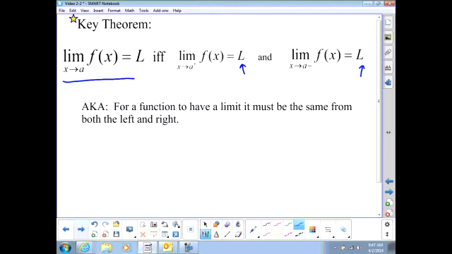The limit from the left was approaching 0. The limit from the right was approaching 1, so that did not exist because the left-hand limit did not equal the right-hand limit. So for the overall limit to exist, the left-hand and right-hand limits at a given value must be the same.